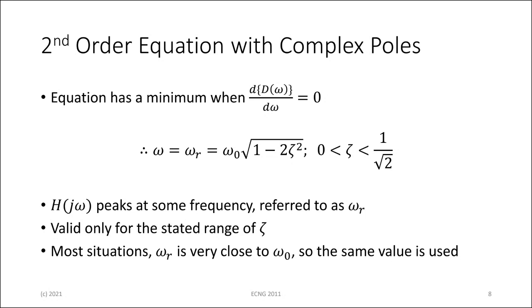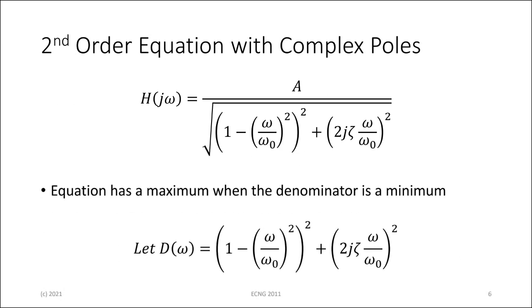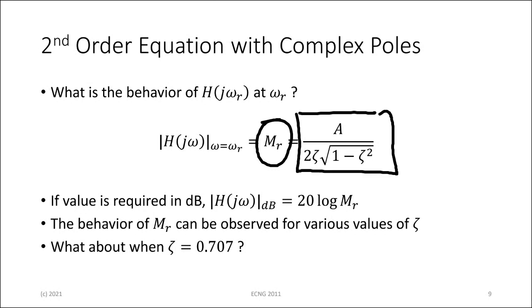So I could go back to the transfer function and substitute for omega over omega naught in this expression here. Then if I plug it in, the magnitude of the response at resonance, at the resonant frequency, comes back down to being totally dependent on zeta. And of course, if you require it in decibels, then you take the 20 log of that.